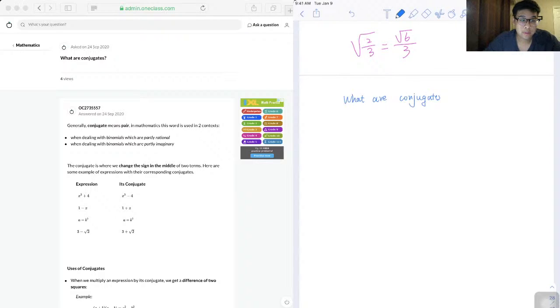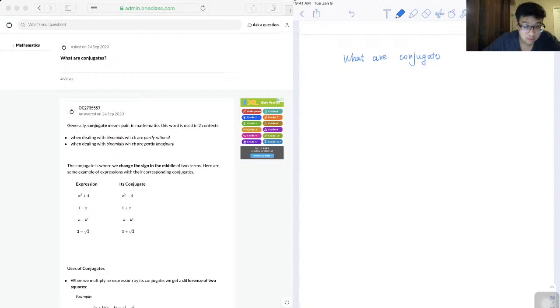The first one would be when we're dealing with binomials which are partly rational, or dealing with binomials which are partly imaginary. I'll write it down here.